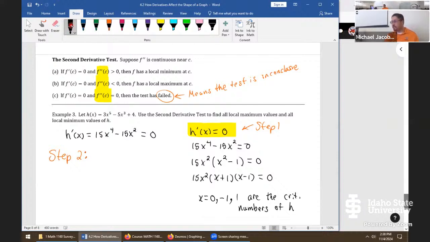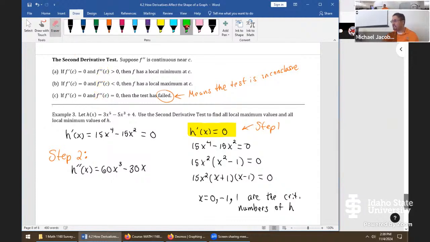At step 2, we're calculating h double prime of x. So 4 will come down, multiplying 15. We have now 60x cubed. Here 2 comes down, multiplies, and we have minus 30x. So we've got the second derivative portion all set up.